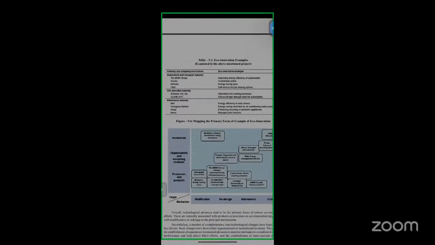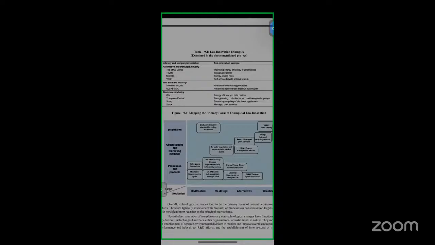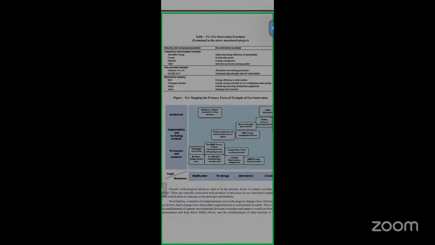Mapping the focus of example of eco-innovation. Same again, institutions, organizations, and marketing methods and process and products, how actually they place it has been depicted.